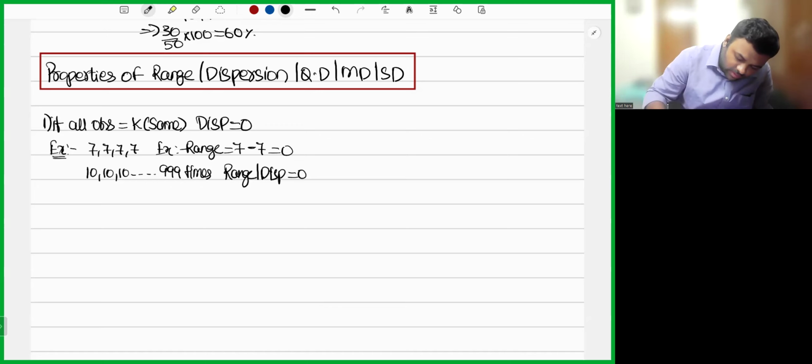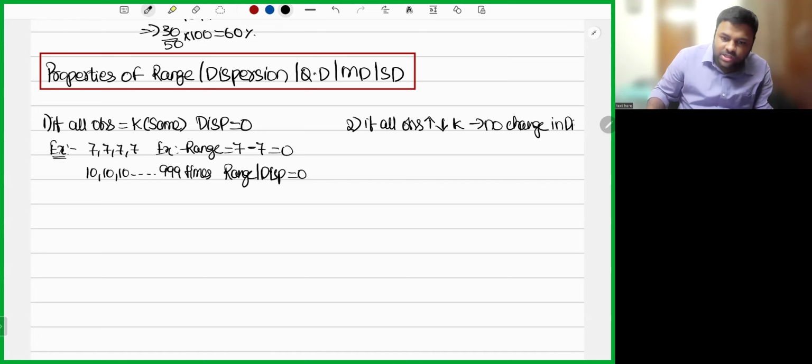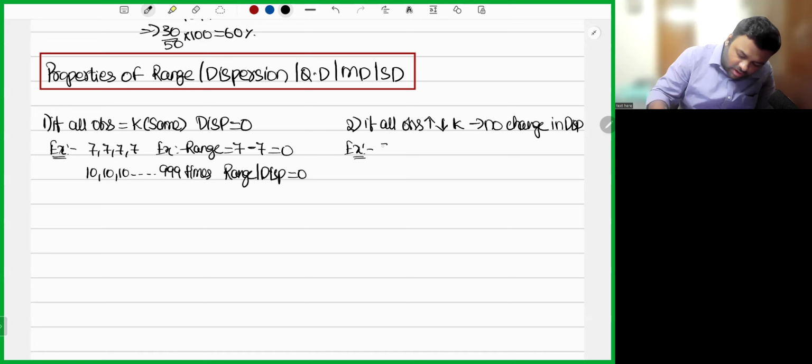Next. If all observations are increased or decreased by a constant, there is no change in dispersion. For example, my dear friends, I have 5, 7, 9. What is the range? 9 minus 5, which is equal to 4.